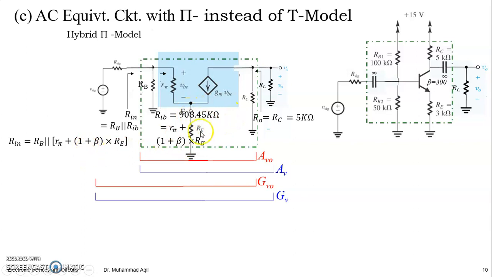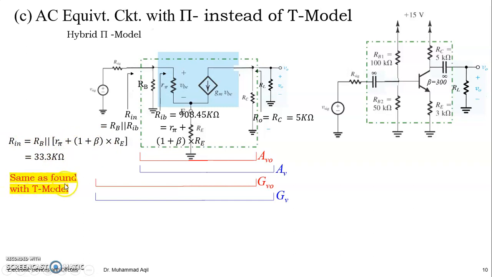And when we try to find 908.45 kilo ohm in parallel with RB 33.3 kilo ohm, the parallel combination comes out to be, because this would be leading, right, while finding the value of the parallel combination, because this resistance is very high.